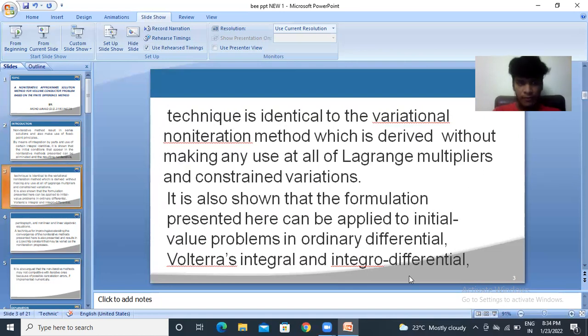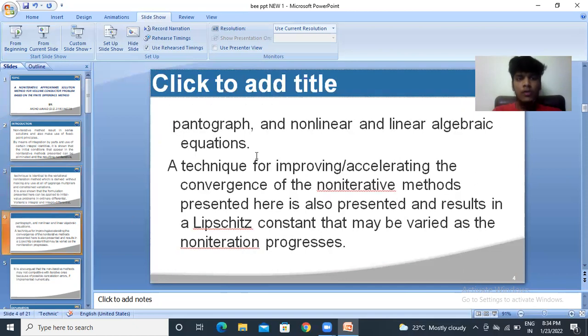Here, integral differential with a pantograph and non-linear and linear algebraic equations. Along with the integral methods, the pantograph and non-linear and linear algebraic equations are also used in the non-iterative methods.